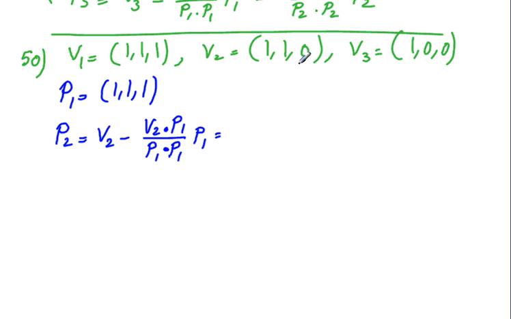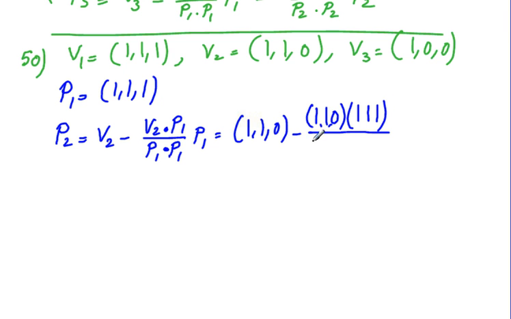So our V2 vector, 1 1 0, minus the dot product divided by P1 dot P1, times 1 1 1. That's our P2.